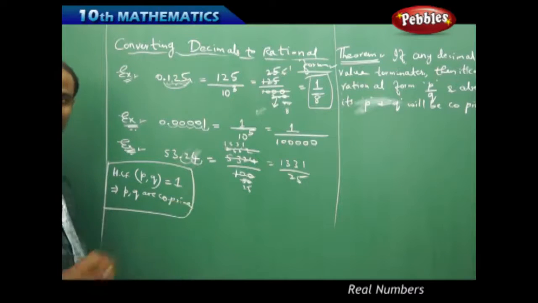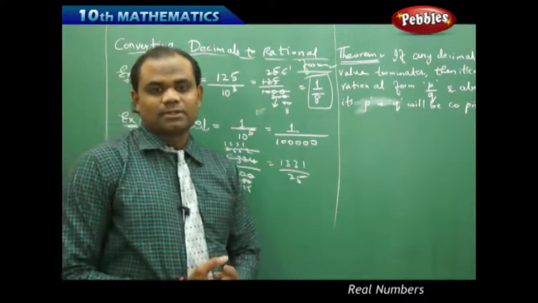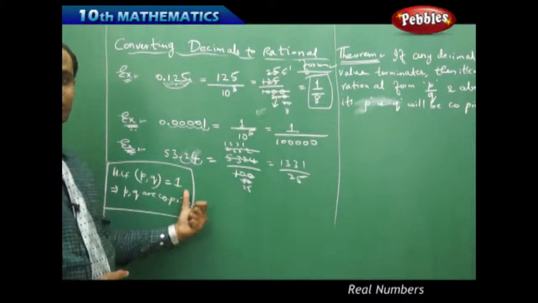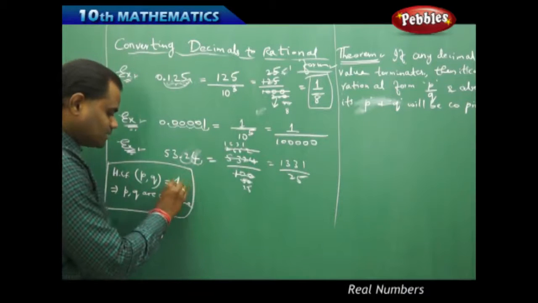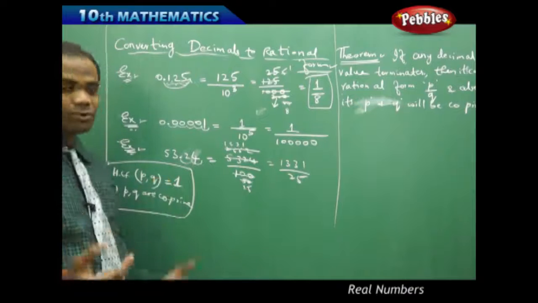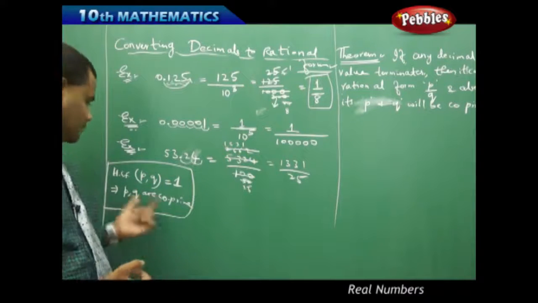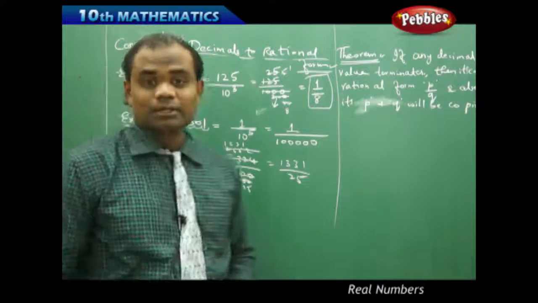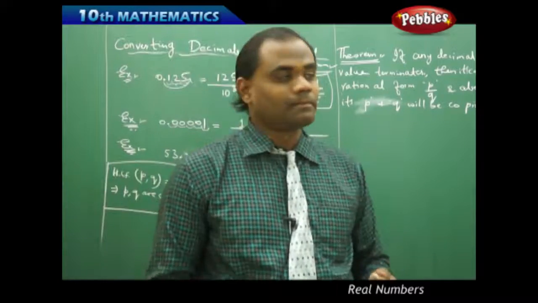So this is the testing for the coprimes. When I want to test for two numbers to be coprimes, I just find the HCF of those two numbers, the HCF which is already discussed in the previous session, and if I get the HCF to be 1, then the two numbers are said to be coprimes to each other.